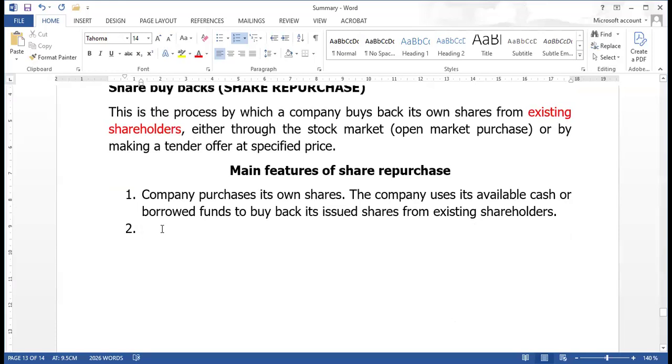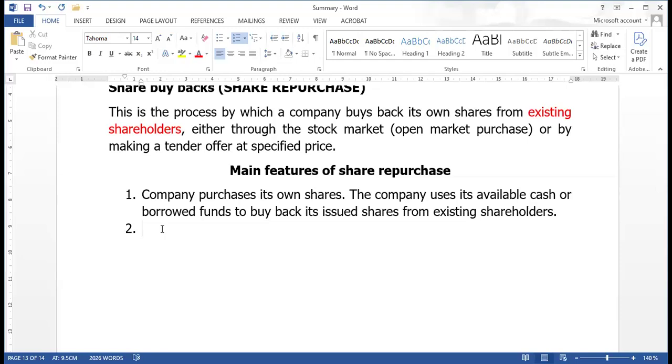So instead of paying these shareholders dividends, the company may return money to the shareholders by purchasing their shares. So it's one way how these shareholders can actually get cash from the entity.